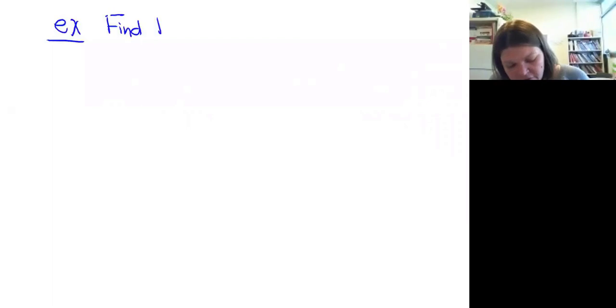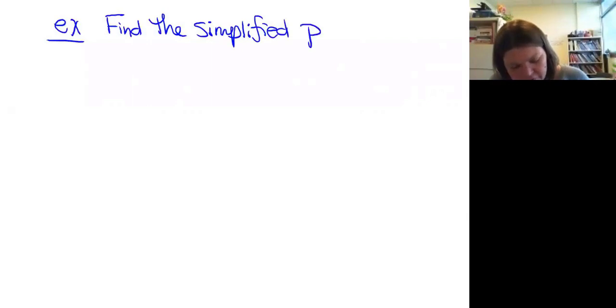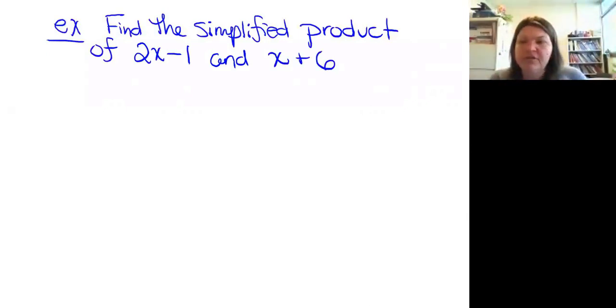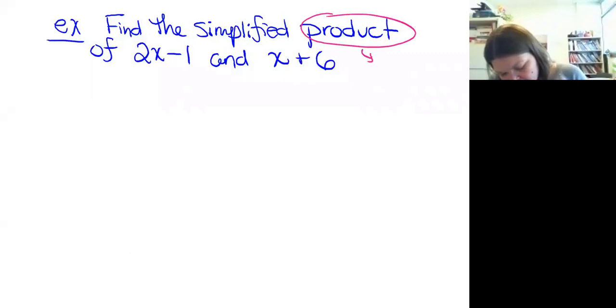What if they told me, find the simplified product of 2x minus 1 and x plus 6. Now, I know a lot of students who would just lose it here, but don't forget what product means. Product means the answer when you multiply.